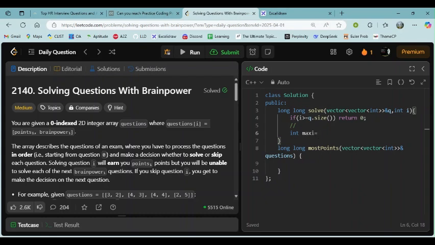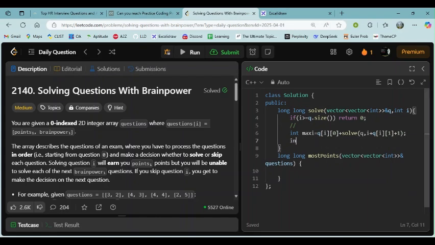So first I will take it. If I am taking the current problem, I will earn the points of i, plus I have to skip the next b[i] problems, so this will be i plus b[i] plus 1.